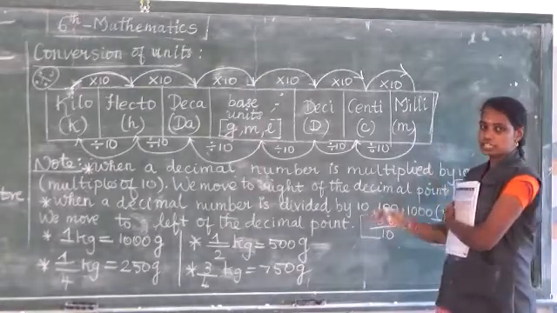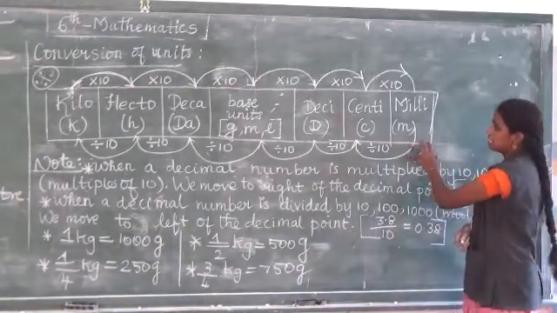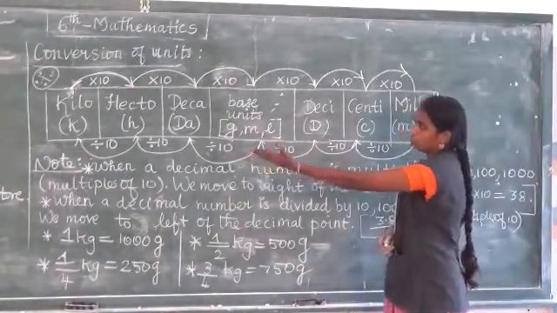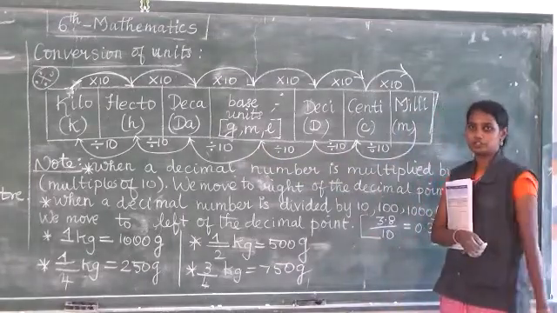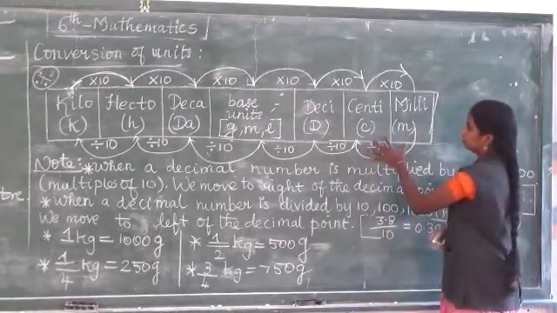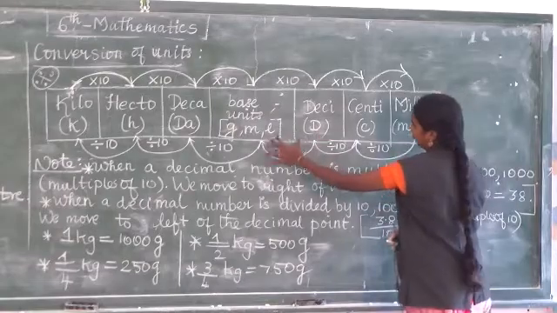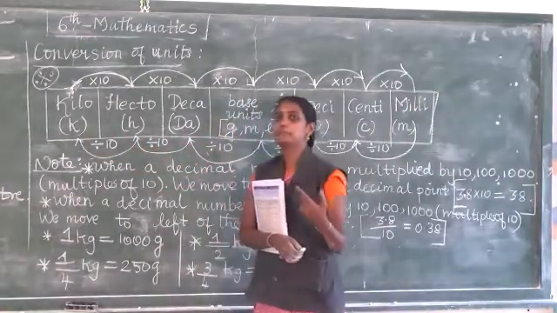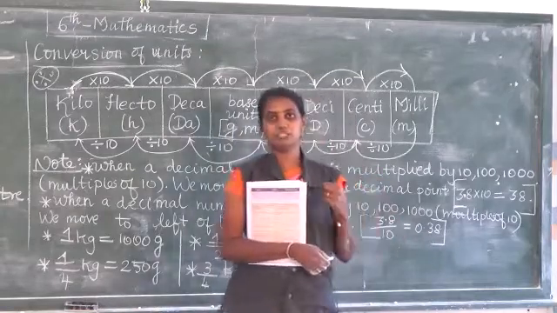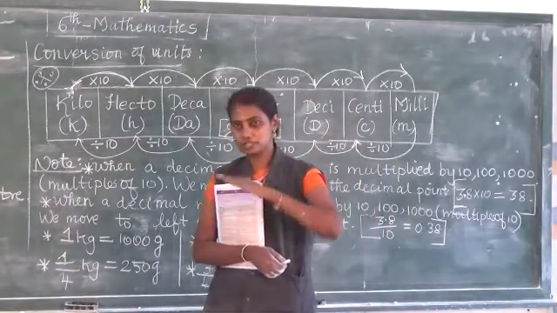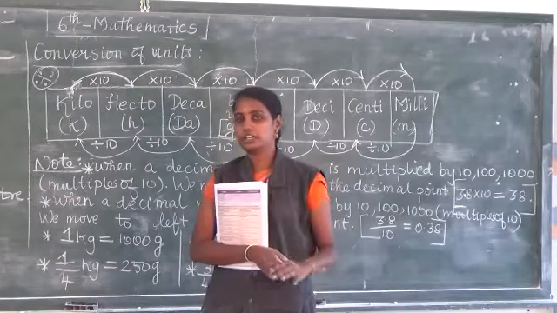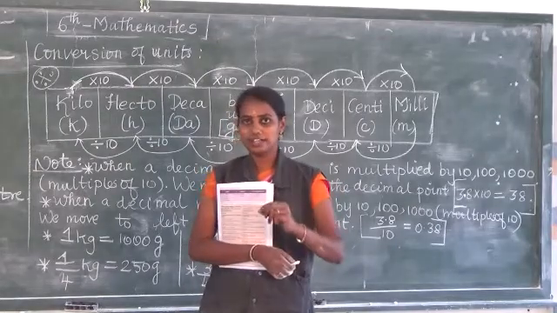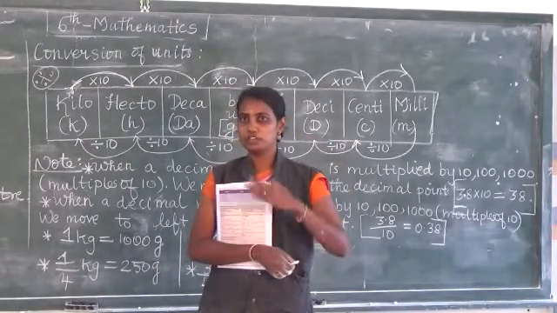When you go in the reciprocal direction, from the last to the first, we are following the division. For everything the difference will be 10. Either multiply or divide, that only we have to remember. When you go from the lowest, that means down to up, you divide. If you go up to down, you multiply.